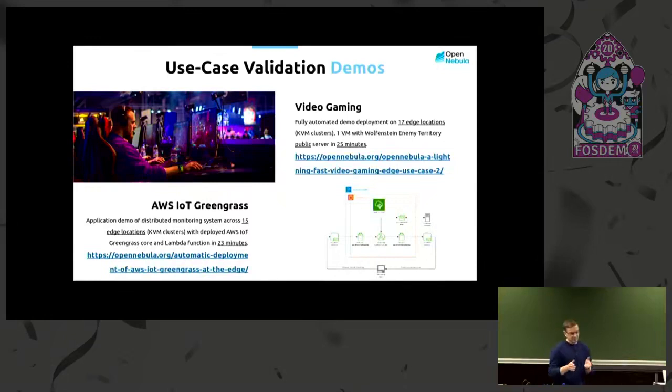The most interesting is video gaming, where we used this tool to deploy 17 edge locations around the world, which were small KVM clusters, and ran on each location one virtual machine running a Wolfenstein: Enemy Territory game server.